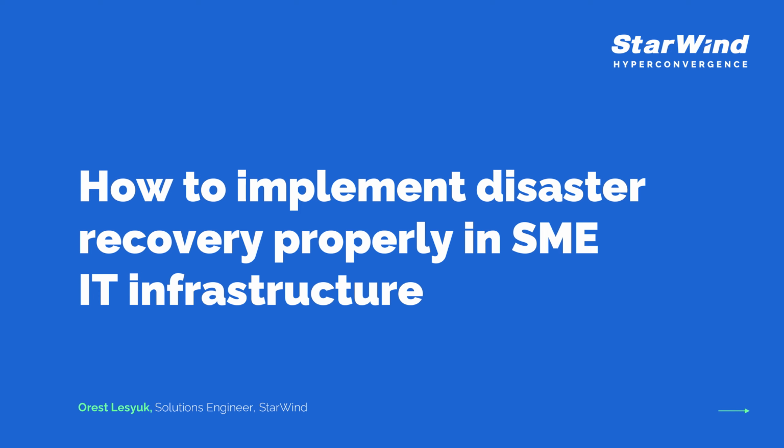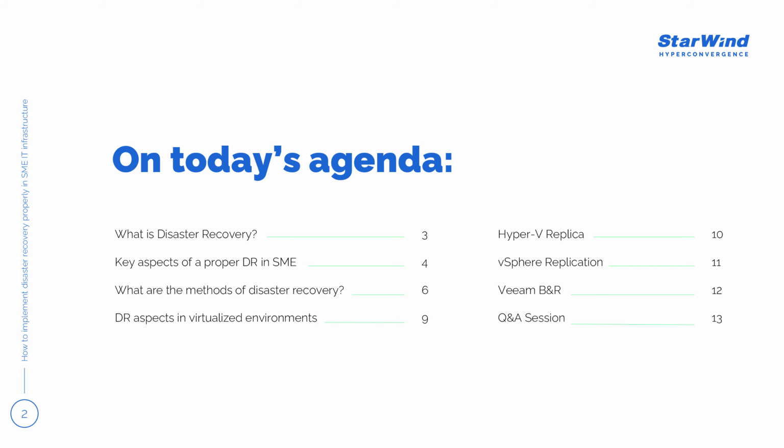Before we actually start, let's take a look at today's agenda to make sure we're all on the same page. First, we're going to briefly discuss what disaster recovery is and how it works, the main ideas behind it. We're also going to talk about the most important, or definitely not all, aspects of a proper disaster recovery implementation in SME environments.